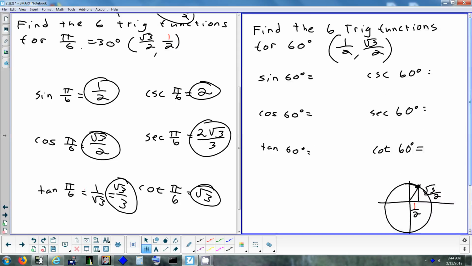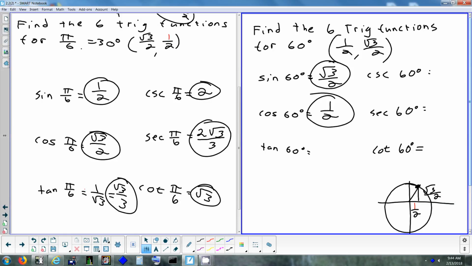Now, when we go through the answers for 60, you're going to see all the same answers we just got, but in different spots. I want you to notice the different spots. So now, sine is root 3 over 2. Cosine is 1/2. And my tangent. Colby, what's my tangent here?